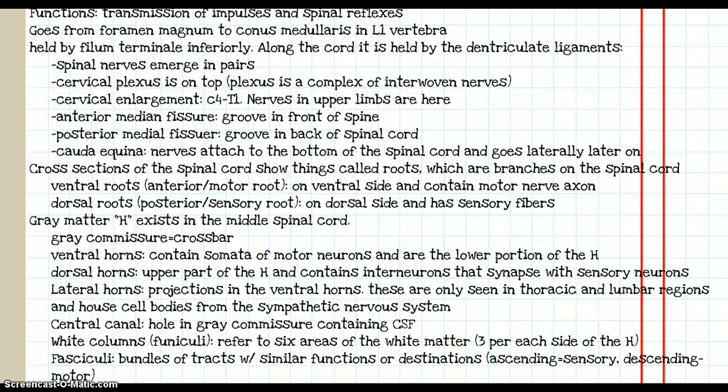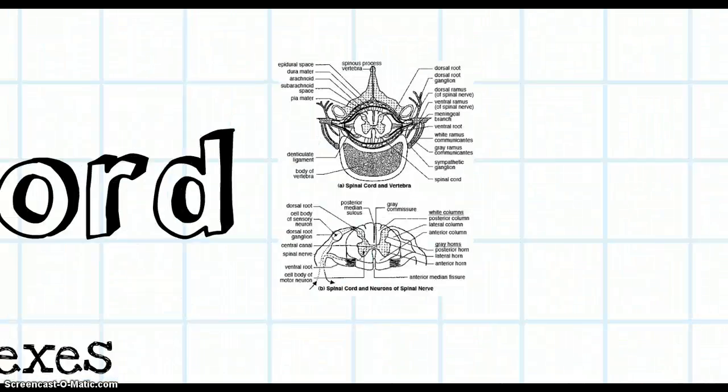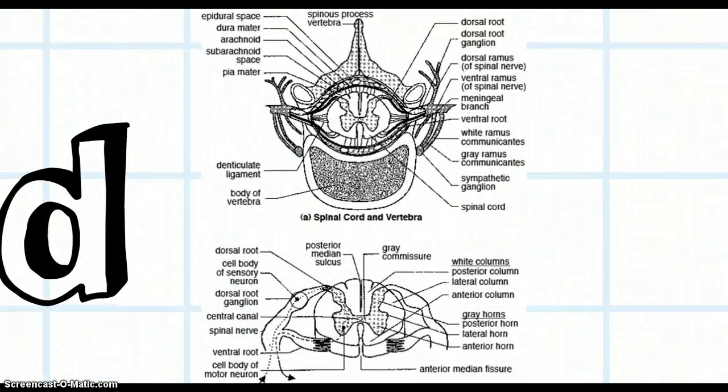And then descending motor tracts transmit nerve impulses from the brain to muscles or glands. We saw this earlier, so take a moment to look at this picture and see what we talked about.